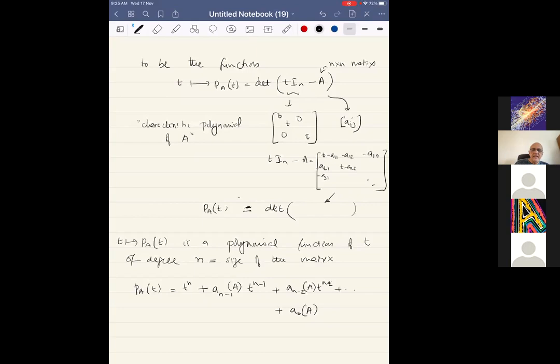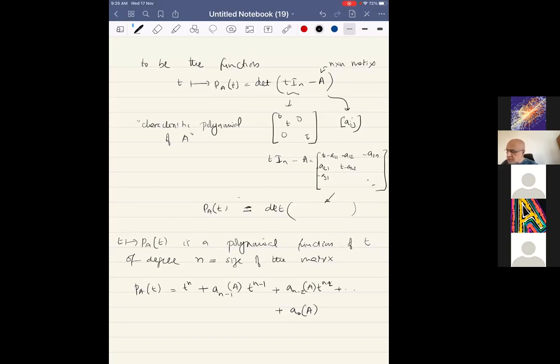Then plus a_{n-2} t to the n minus 2, where again the coefficient a_{n-2} depends on A. And then finally, there is a constant term of the polynomial, with no dependence on t at all. That is what I call a_0, and that also depends on A. So this is my claim.